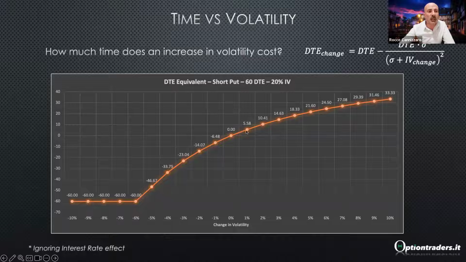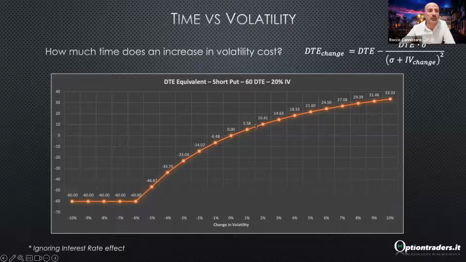What this chart is trying to calculate is, if the implied volatility increases by 1%, obviously the price of this put is going to increase, which means that I'm going to suffer, right? Because I sold this put, so I don't want the volatility to go up.